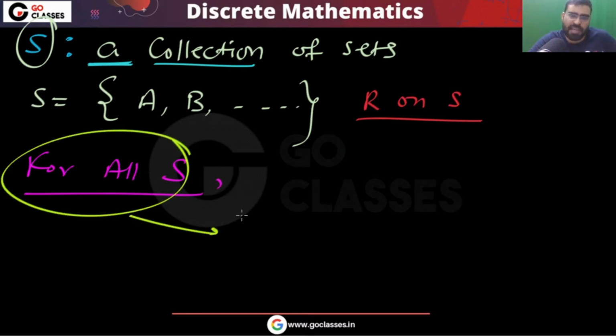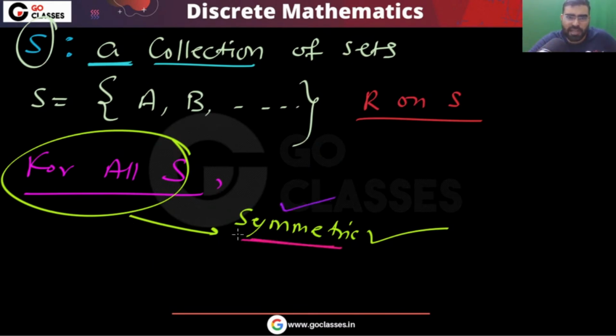For all possible S, I can say it will be symmetric. Whatever S you take, it will be symmetric. The symmetric property is not going anywhere. But for all possible S, we cannot say it will be transitive or have other properties. It will definitely be symmetric.